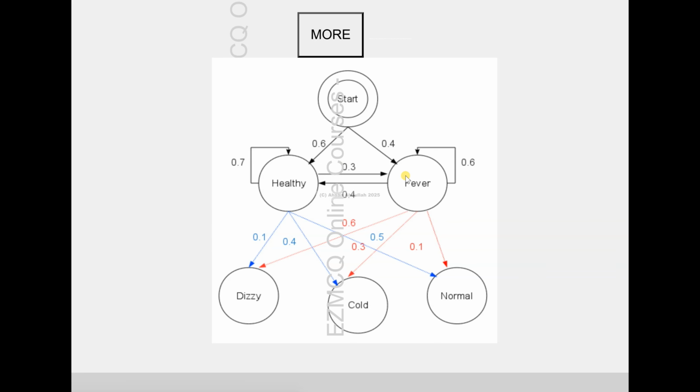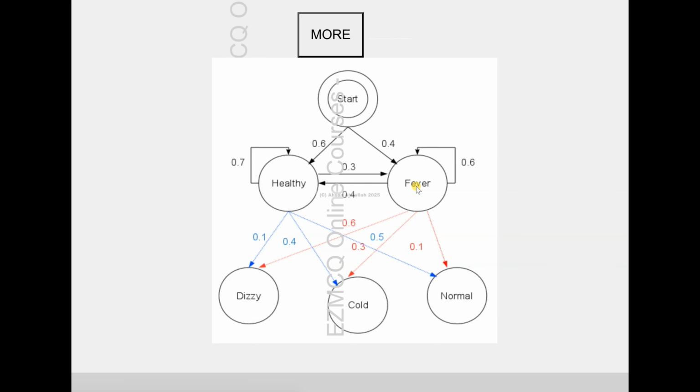These are the true conditions of the person, but we don't really observe them directly. We only observe the symptoms: dizzy, cold, and normal. These depend probabilistically on the underlying hidden state, healthy or fever. So what is hidden? The person's health condition, healthy or fever, is the hidden part of the hidden Markov model.